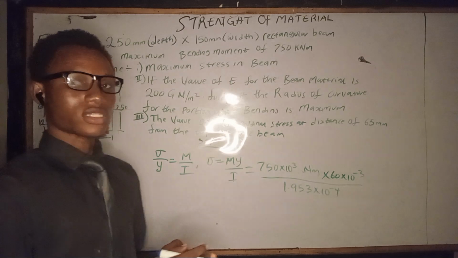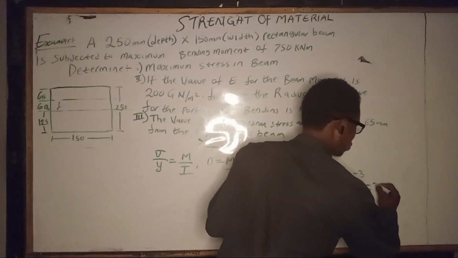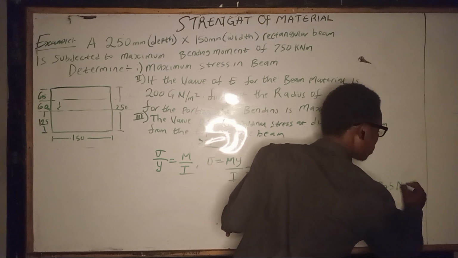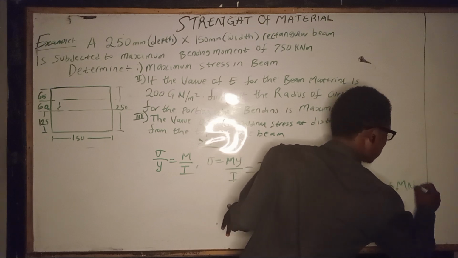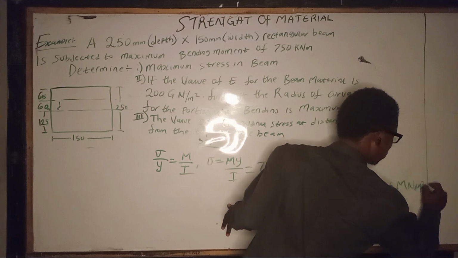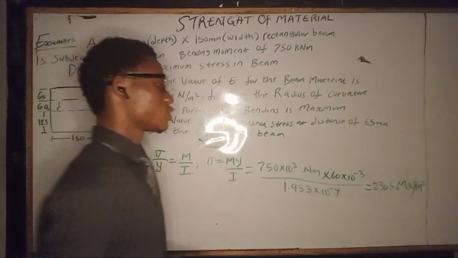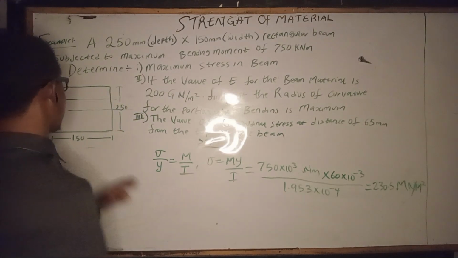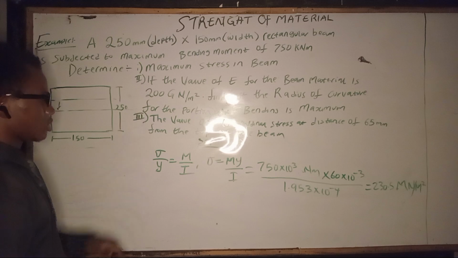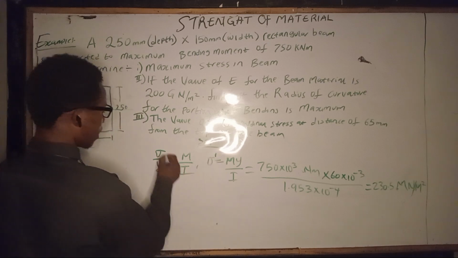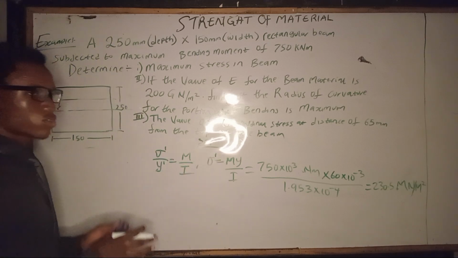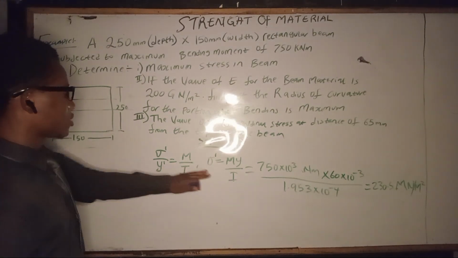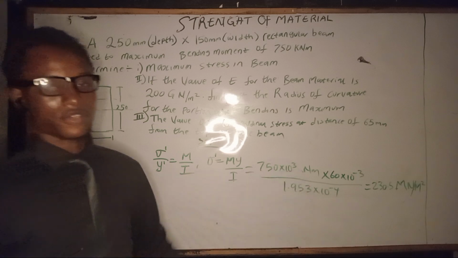By dividing this, we are going to get 230.5 something mega Newton per meter square. So that is how we get our stress at this point here. Let's call it sigma prime, y prime, since that is not the main centroidal distance, but that is the longitudinal stress from that point.